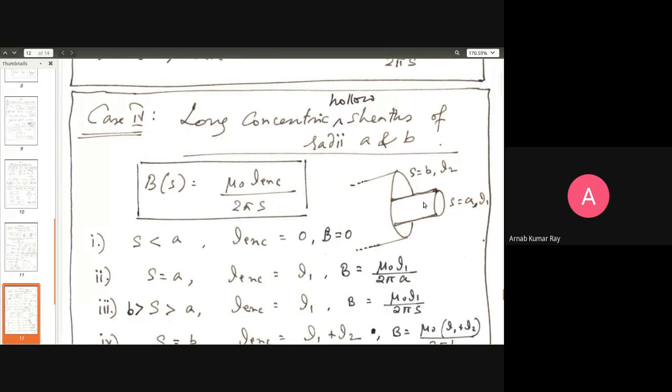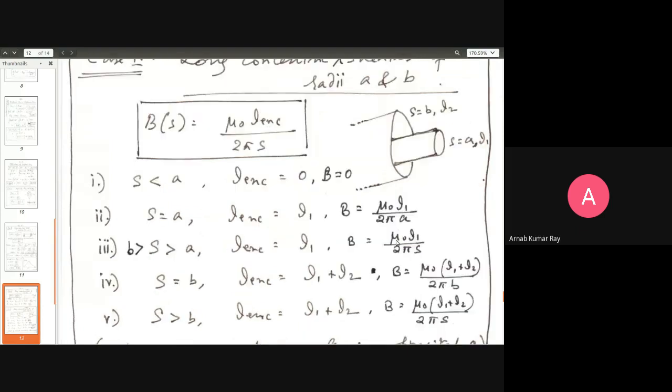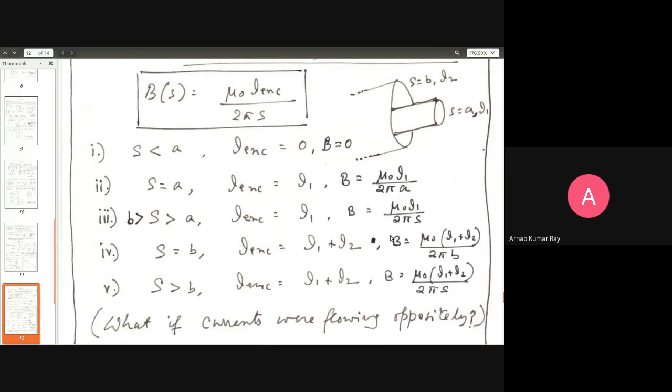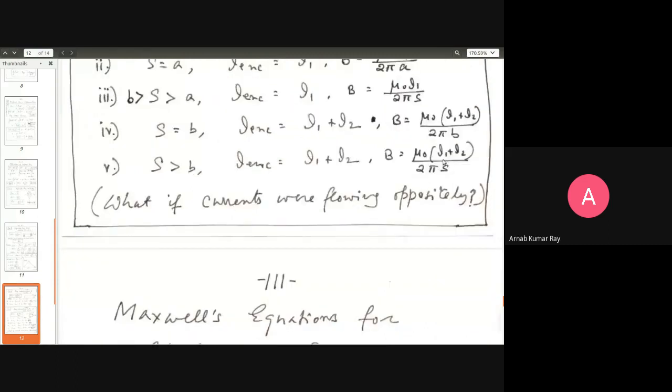You put a negative charge so that they will cancel each other, and it will overall be charge neutral. And so it is that here, if your current is causing a magnetic field, and you want to cancel the effect of that magnetic field, you just have to create another current that is going in the opposite direction, and so they will cancel each other. So that is how it is. So mu naught into I1 plus I2 divided by 2 pi S. So that is what it is.